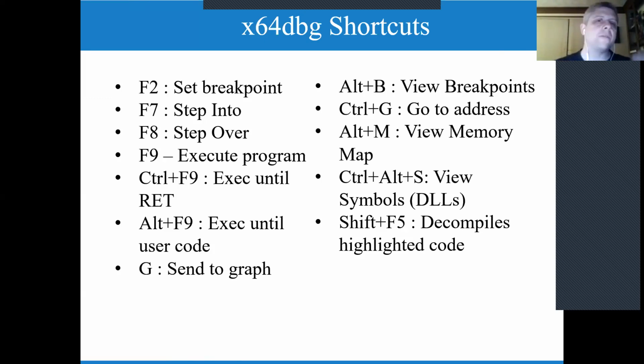When you get to that, if you hit F7, then the debugger will go into that function, and you can start stepping the instructions within that function itself. F8 does what's called stepping over the function, meaning it will execute that function and just go to the next instruction on the line below it. So think of F8 as just completely executing the functions. Just remember that it's not going to go in there.